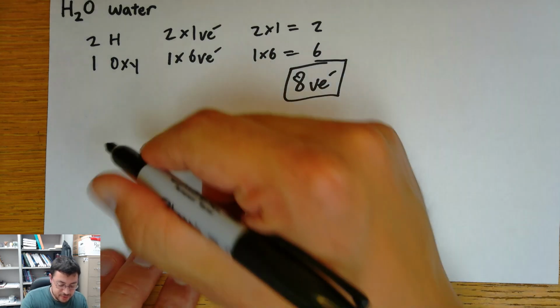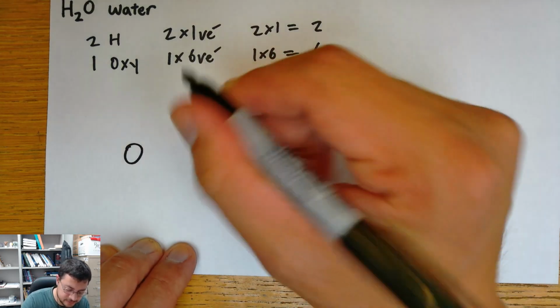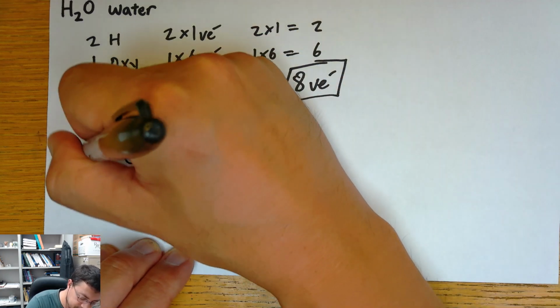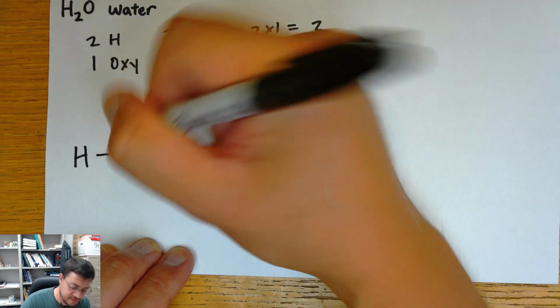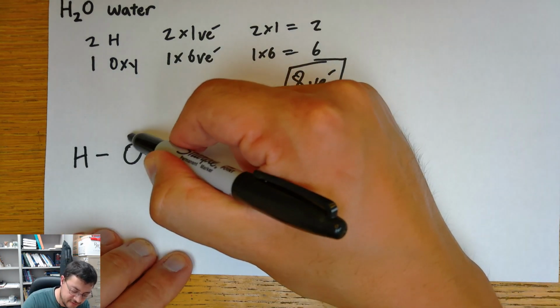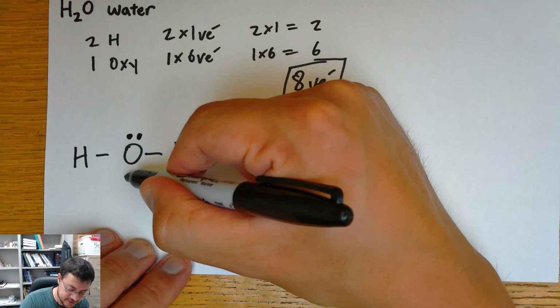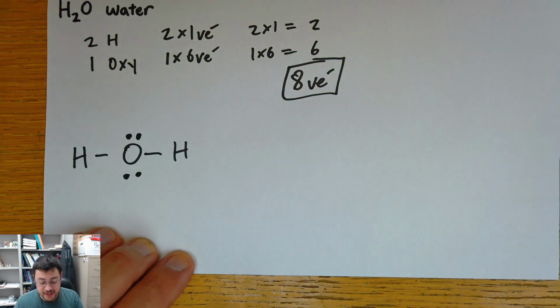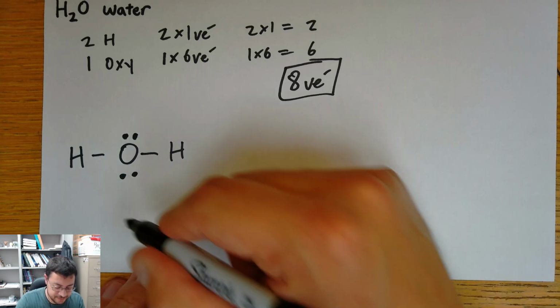Put O in the middle, hydrogen, hydrogen, 2, 4. Outer atoms are happy, go to the center. 5, 6, 7, 8. I like to work in pairs, I like to count in twos. All right, that's water's Lewis structure.